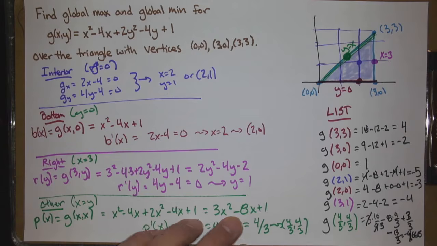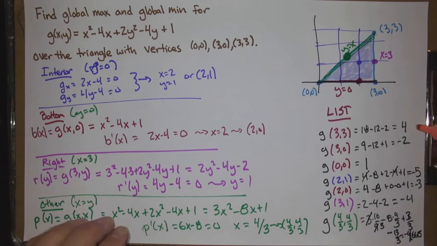All right? We've now plugged it in. It's time for us to figure out which points are nice. How do we do it? We scan the list. And we say, where's the biggest number? 4. Where's the smallest number? -5.